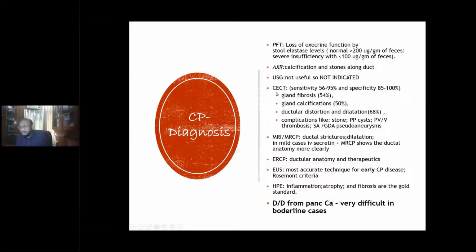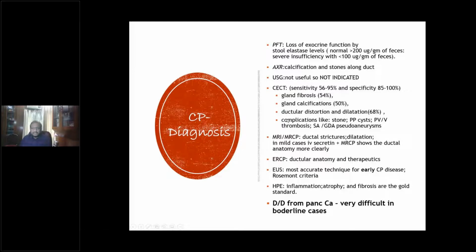And what information is it going to impart to you? Number one, gland fibrosis. Number two, gland calcification. Number three, ductal distortion and dilatation. See the figures: 54%, 50%, 68%. And it can also show you complications like stone formation, pseudocyst formation, thrombosis of major vessels.